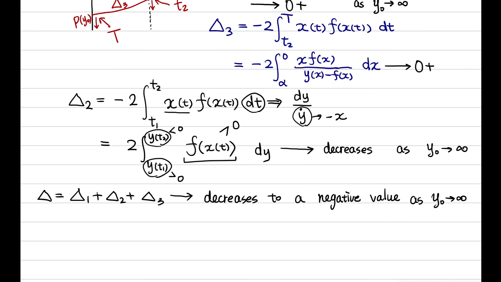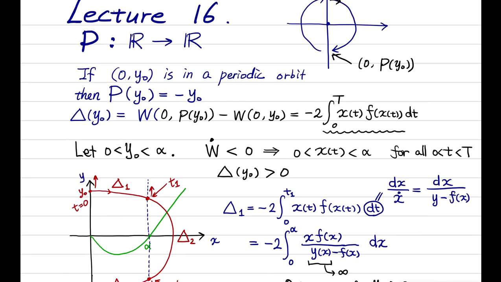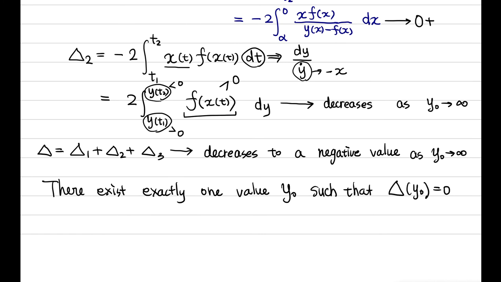So what is it when delta is 0? There is exactly one value of y naught where delta is equal to 0, which means w at y0 is the same as w at P of y0.